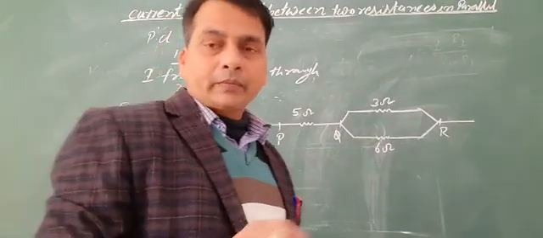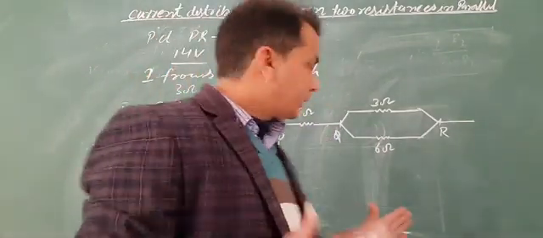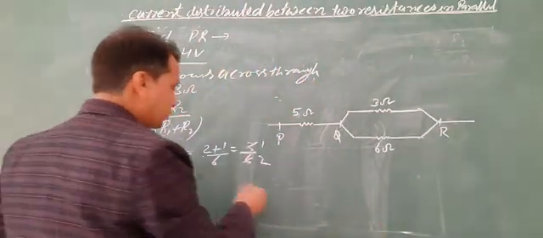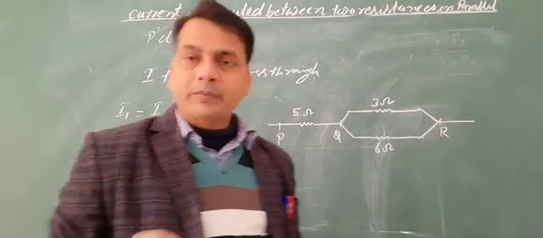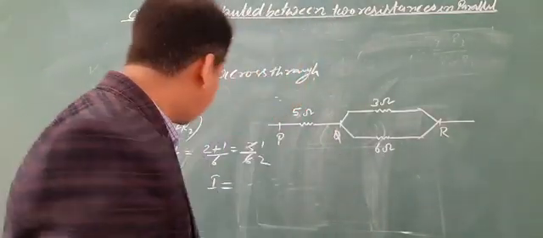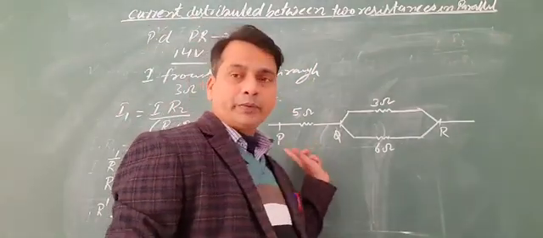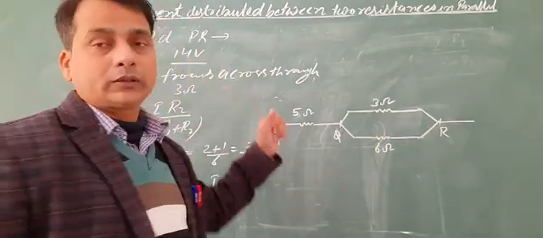So the total current in this circuit, I equals V by R, potential difference by resistance. The potential difference across PR is given in this question, 14 volt.